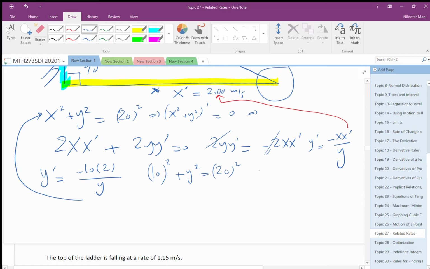So what is y squared then? So y squared is 400 minus 100. So y squared is 300 and y is radical 300. Remember, don't use plus minus because y must be positive. Of course, I cannot have negative.